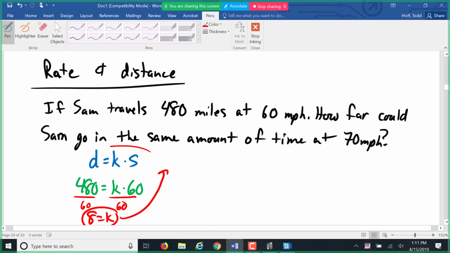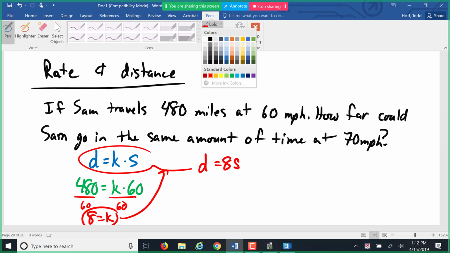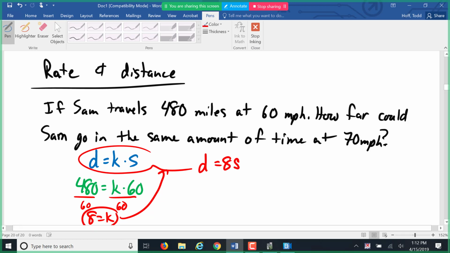In other words, they traveled for 8 hours. So that distance equals 8 times the speed. And now asking how far could they go in the same time at 70? Well, it's 8 times 70. That distance would have been 560 miles.